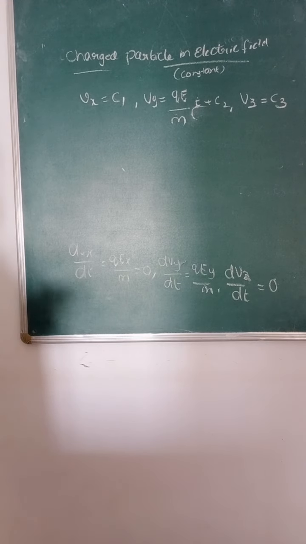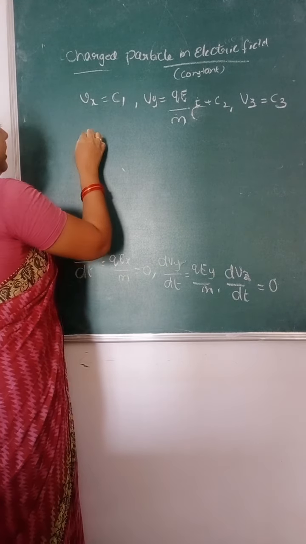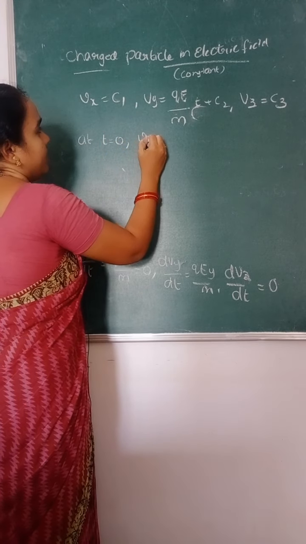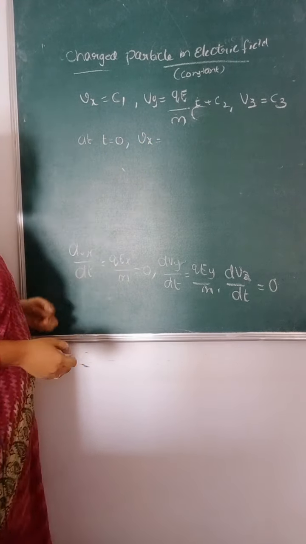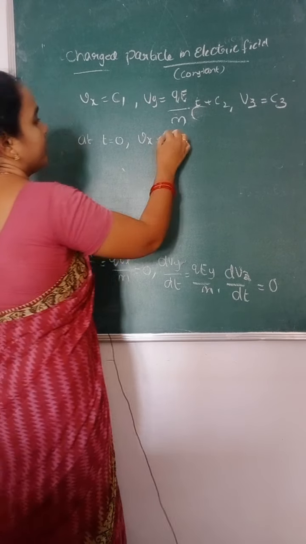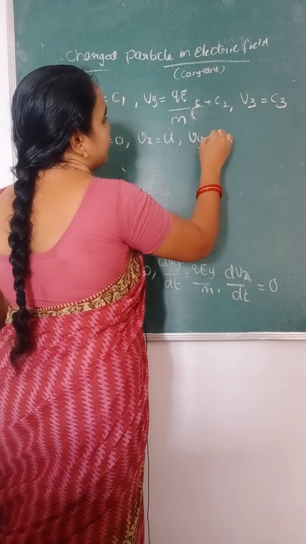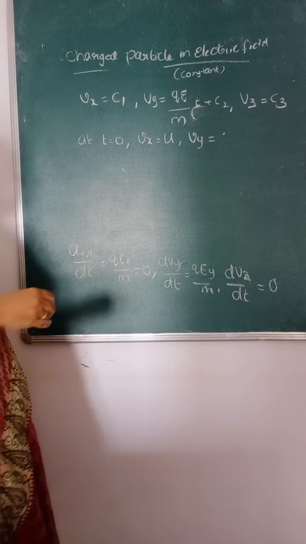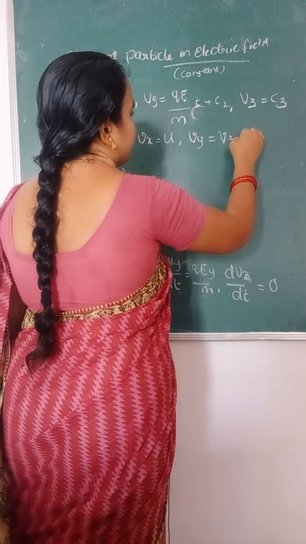These constants of integration are calculated by the initial conditions: at t equal to 0, the initial velocity of the particle is equal to u. The remaining velocities, Vy and Vz, are 0.